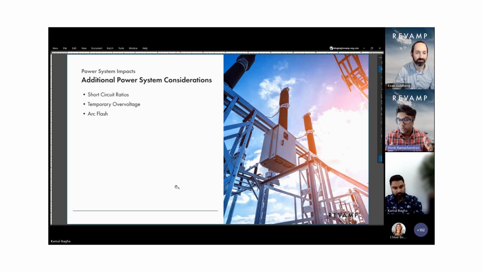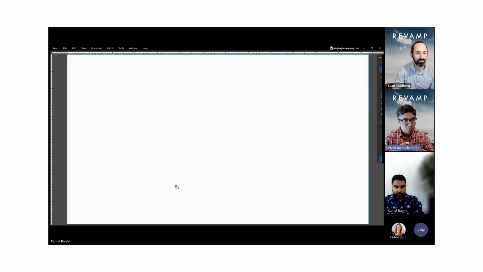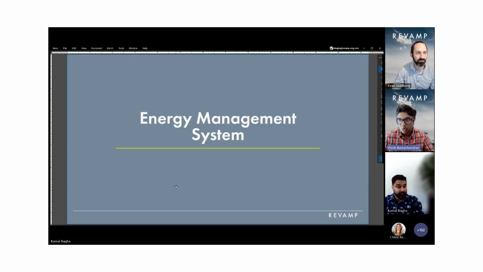For the DC arc flash, we will possibly entertain some DC coupled notions, given how differently batteries versus PV modules behave under short circuit conditions. And then, of course, AC coupled impacts on AC arc flash. With that, I believe I'll hand it back to Kamal to talk on energy management systems.